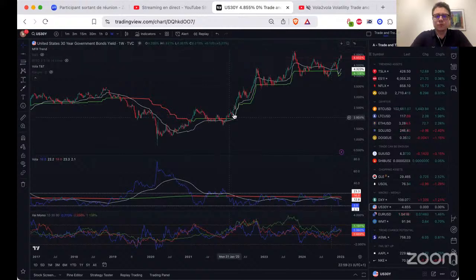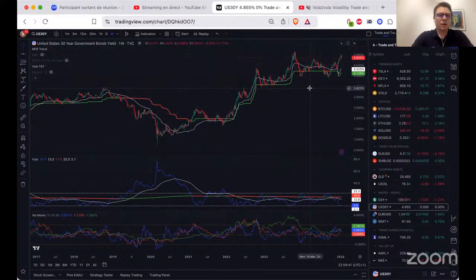Yields more than doubled. Same, you kept hearing during this phase, yields have topped. The market cannot take yields that high. But in the meantime, on the weekly, you had the big move here, confirming that these are big macro moves.